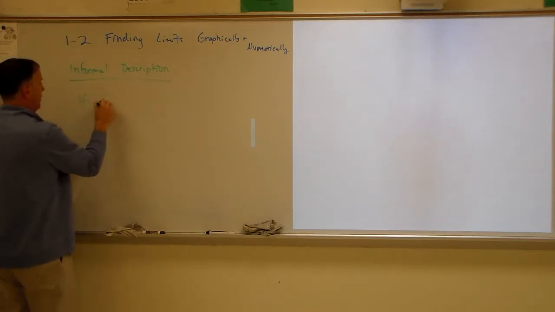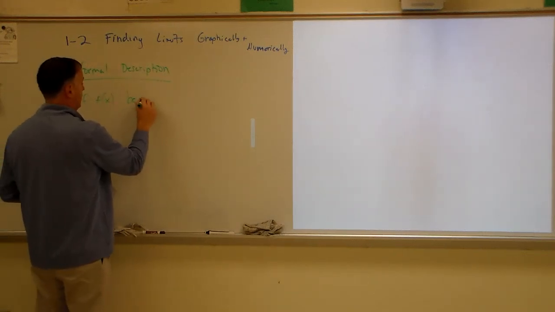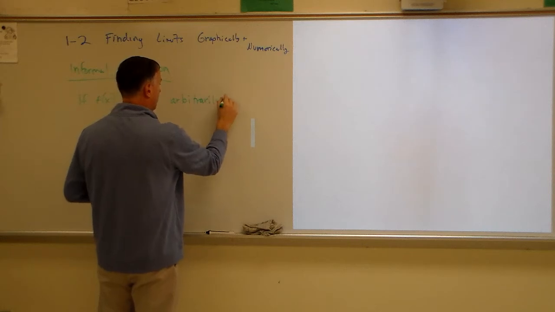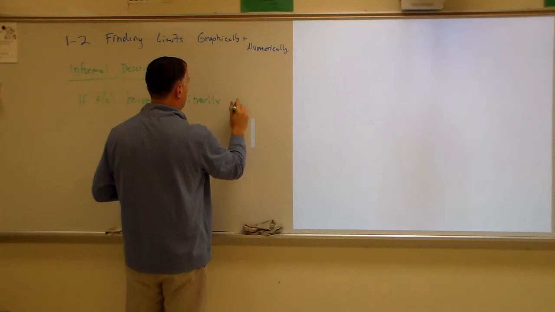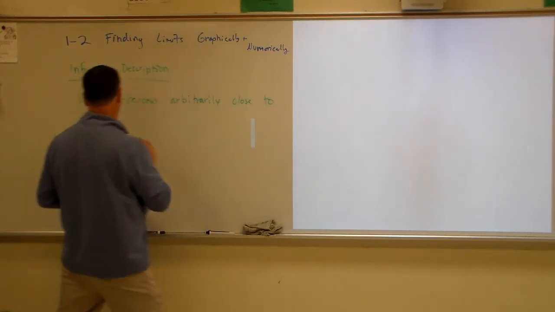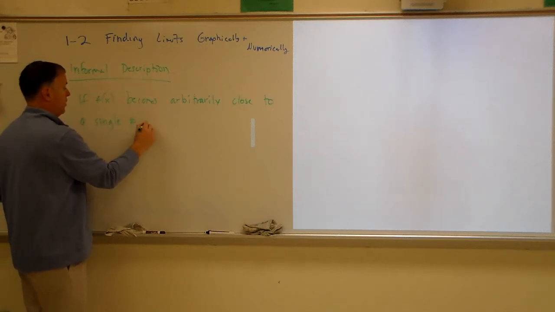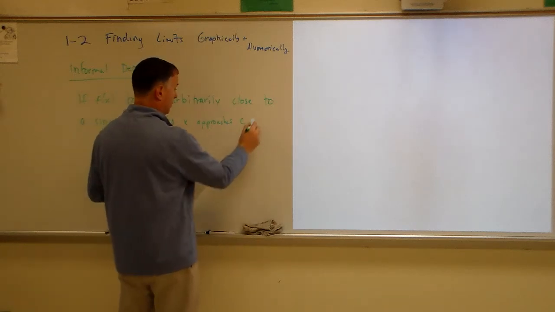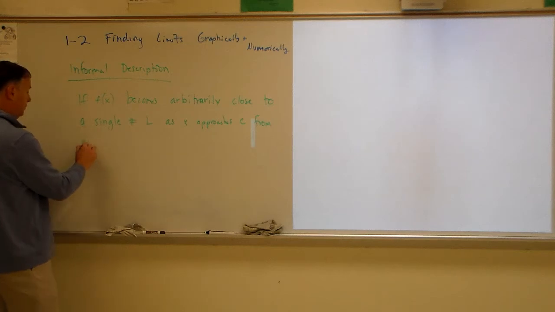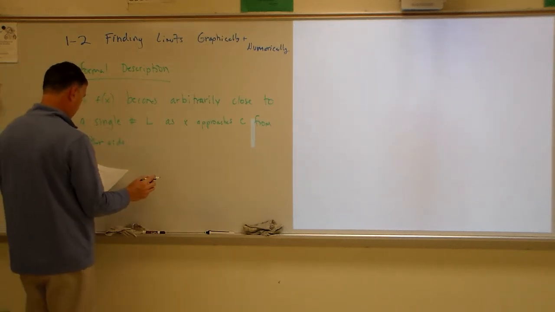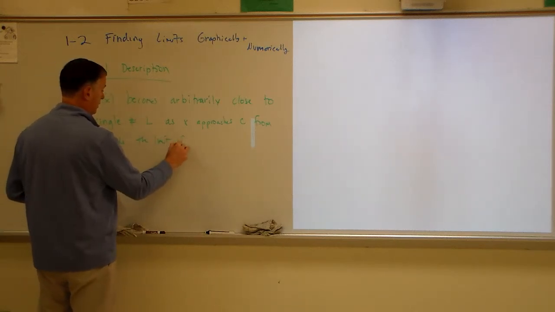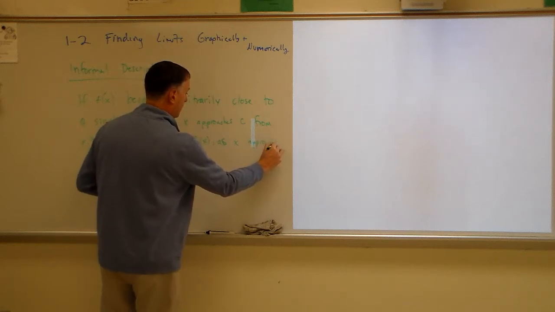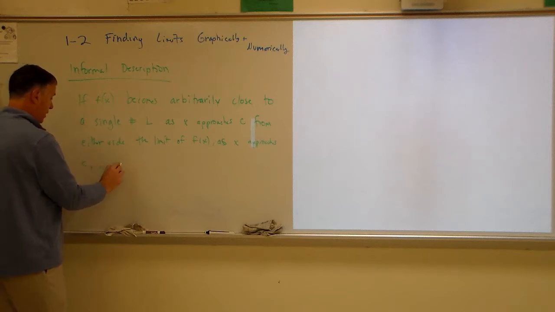The informal description: if f of x becomes arbitrarily close, sorry, to a single number, they're going to call that L for now, as x approaches C from either side, the limit of f of x as x approaches C is L. Okay?